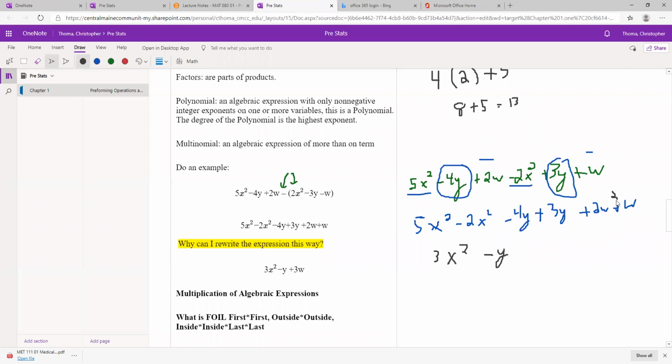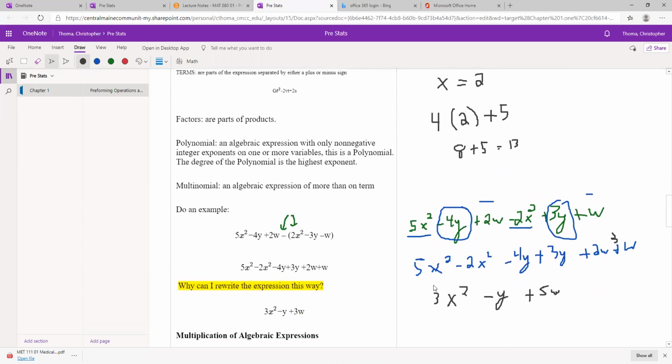I didn't realize I made it so ugly. 2w plus 3w becomes 5w. So this one had a lot in it, but if you follow along and understand why I did what I did, then a lot of the problems in the book should be a little bit easier, because there are not many exponents and not many double variable problems. So any questions on adding or subtracting expressions?